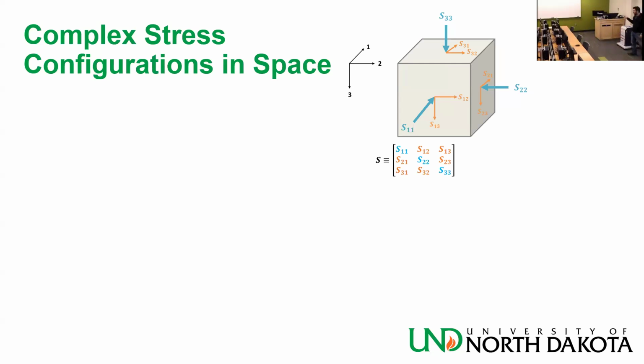Shear stresses are a little bit complex. It's a stress applied in one direction, a stress load in one direction triggered by a stress load applied in a different direction.